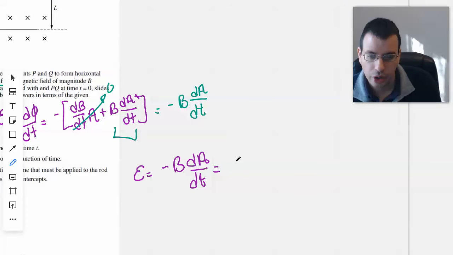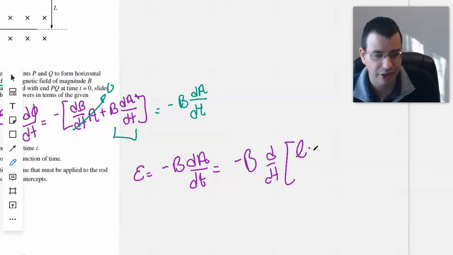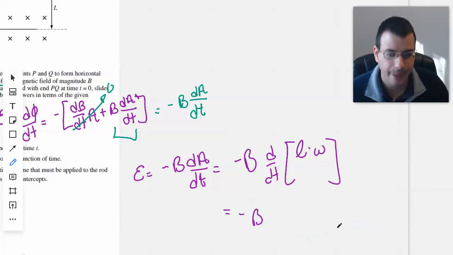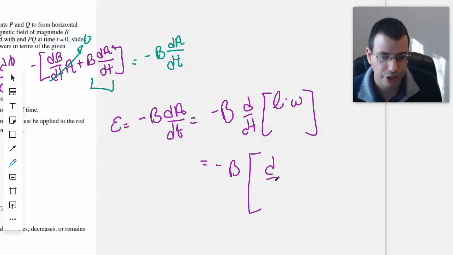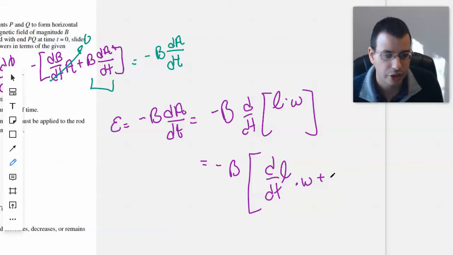So negative B, now we're taking the derivative with respect to t of length times width, which is negative B times, we'll use the product rule, d/dt of L times W plus L times change in width with respect to time.